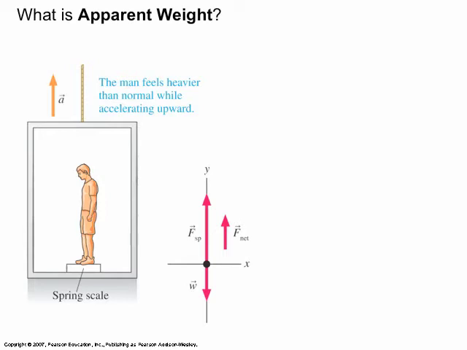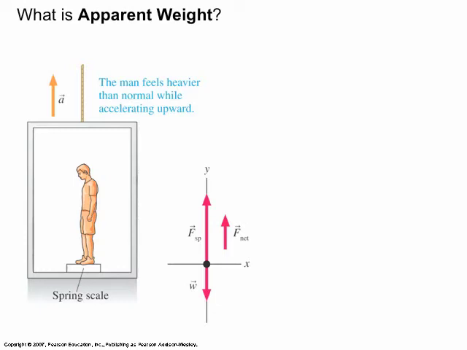So the spring scale force upward is greater than the weight from gravity downward. The spring scale would read an apparent weight greater than his actual weight from gravity. So he feels heavier because the spring pushes up on his feet more so than the earth pulls him down.